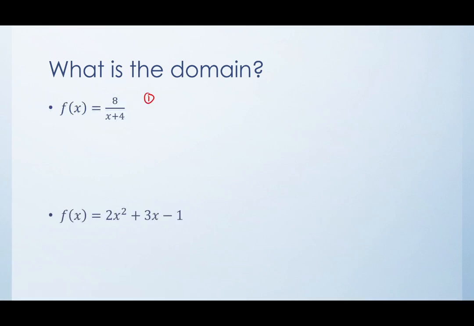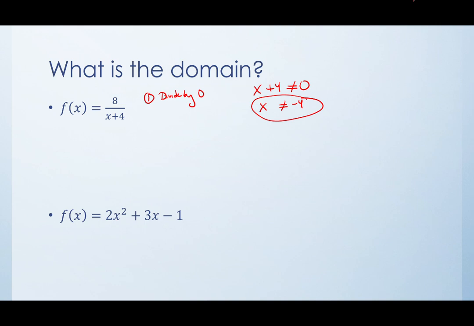So we need to worry about divide by 0, right? So we need the denominator not to equal 0. So x plus 4 can't be 0. So this is a good way to write it: take the whole denominator and say, I can't have that equal to 0, and solve for x. So if I subtract 4 from both sides here, I actually have my answer, that x can't be -4.